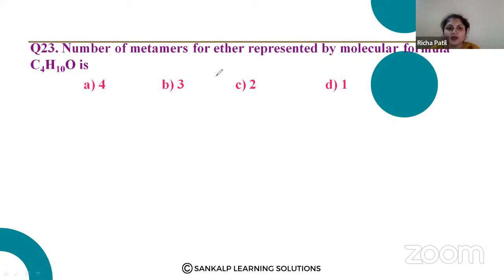So this is the molecular formula given, C4H10O. How many different structures can this be represented by?